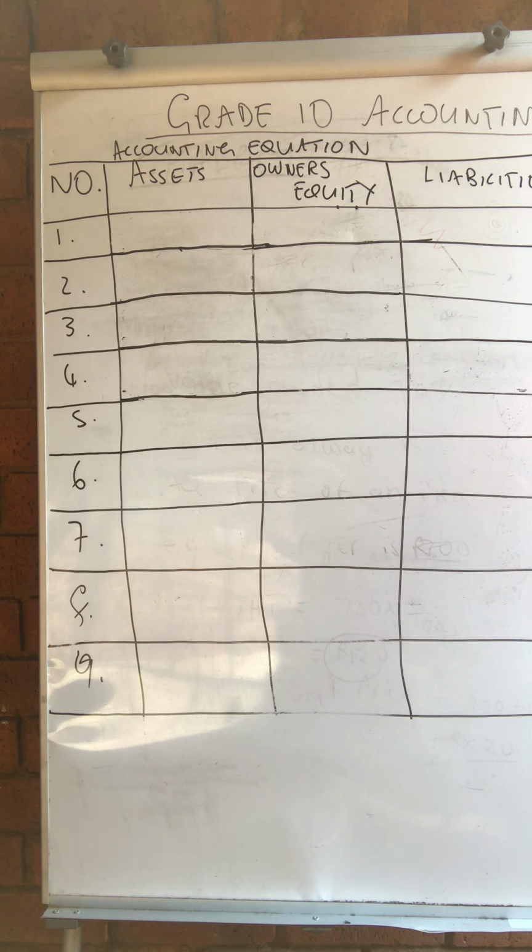Now, let's first break down our terms just a little bit, right? So we have your assets. Your assets are all of the resources that are going to help the business make money. That is your furniture, your computers, your cars, and so on. Then your owner's equity, it's basically how much the business is worth.